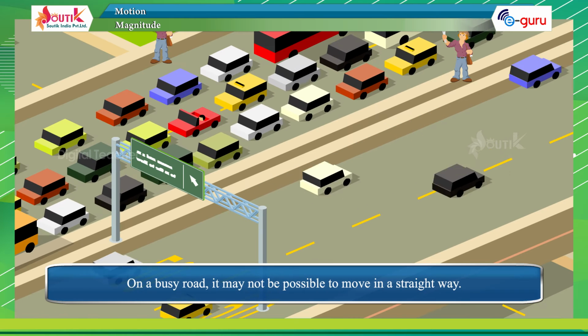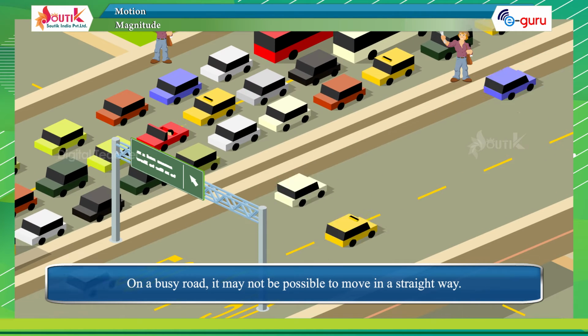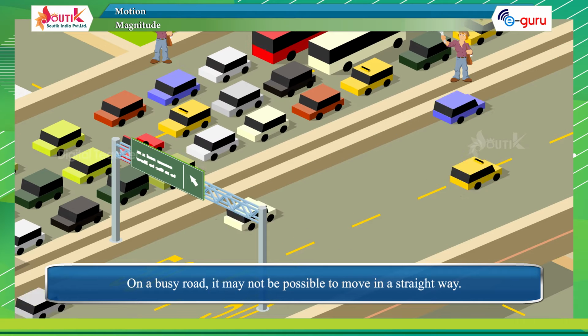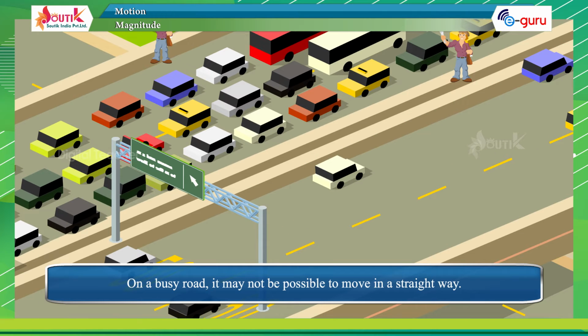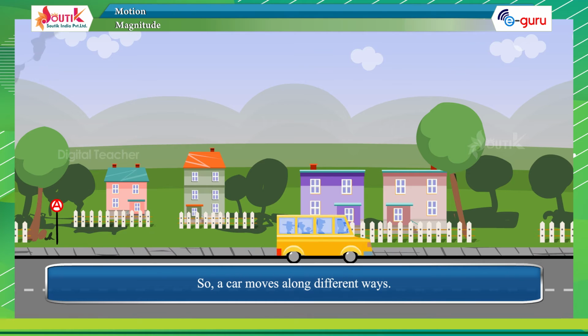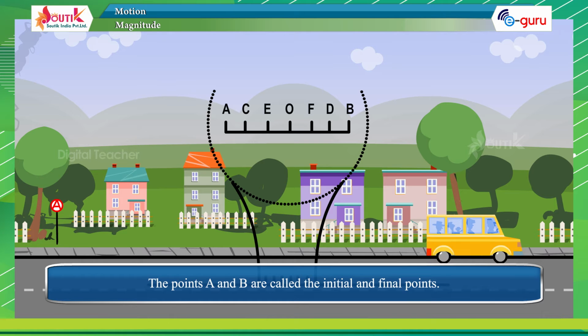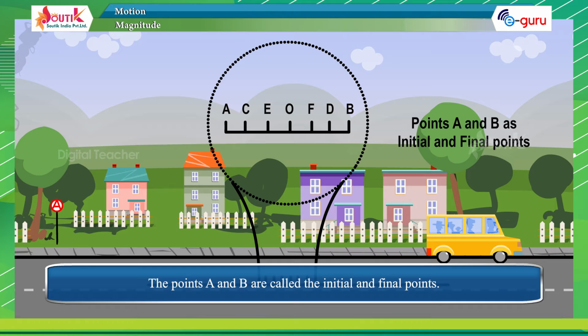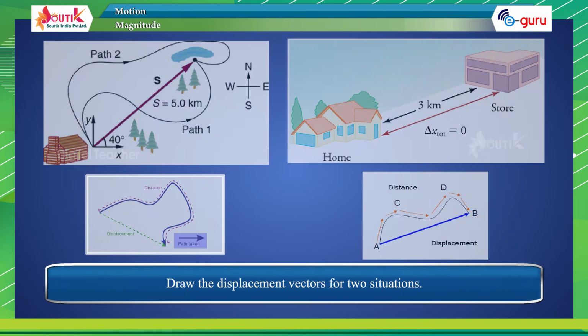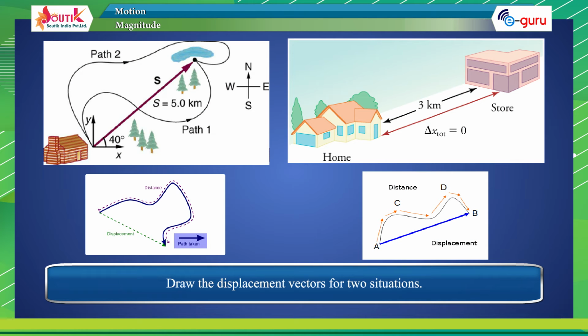On a busy road, it may not be possible to move in a straight way. So a car moves along different ways. The points A and B are called the initial and final points. Draw the displacement vectors for two situations.